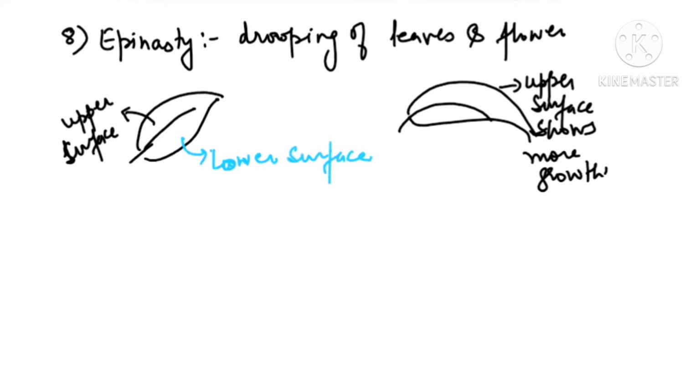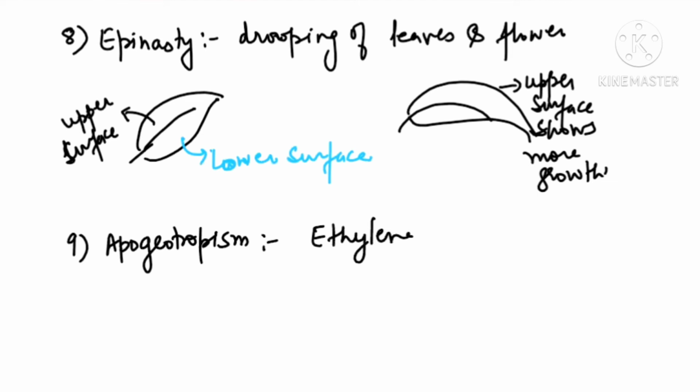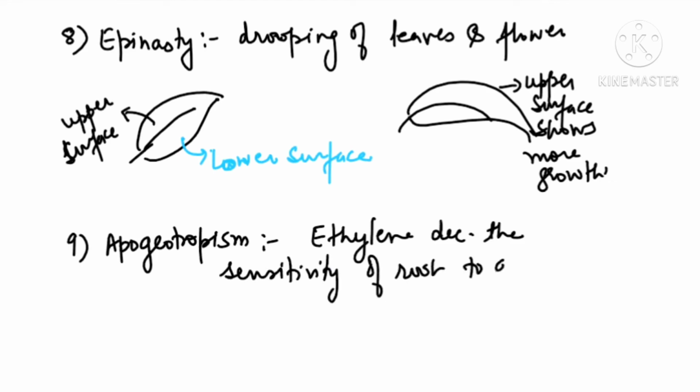Now, next is apogeotropism. It means when you apply ethylene, it is free from the effect of gravity. Ethylene decreases the sensitivity of root to gravity.